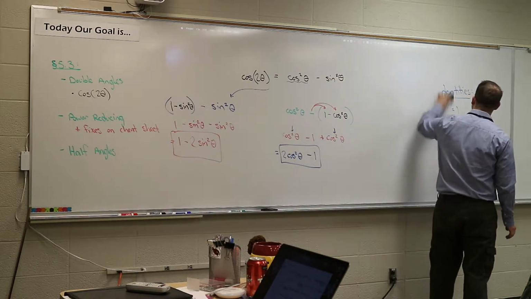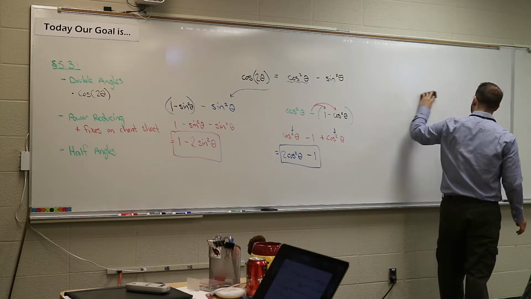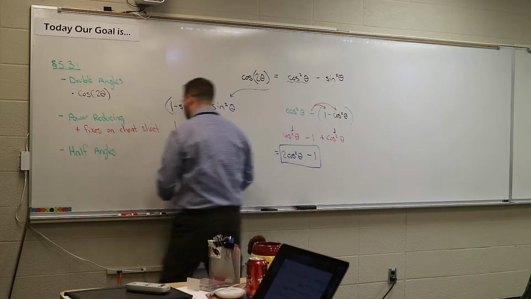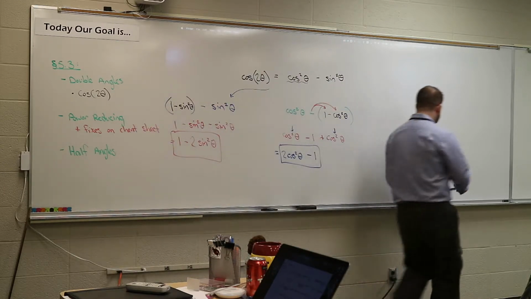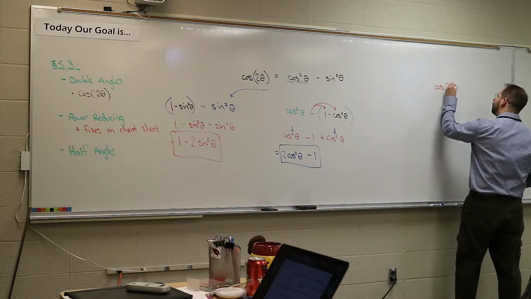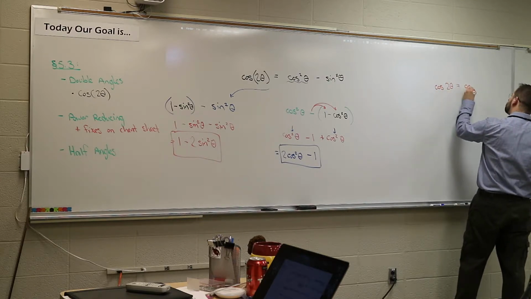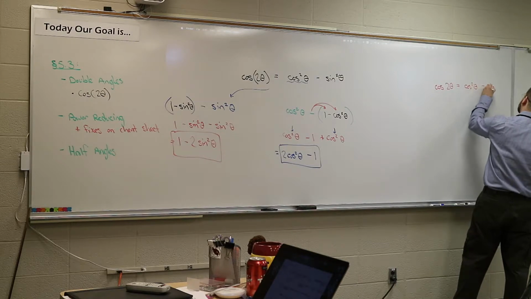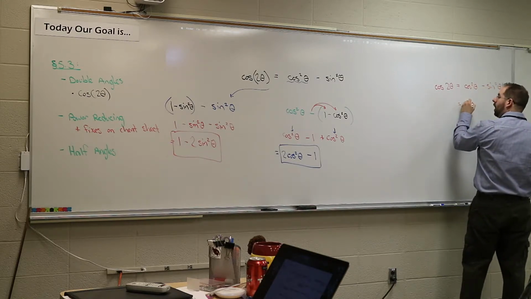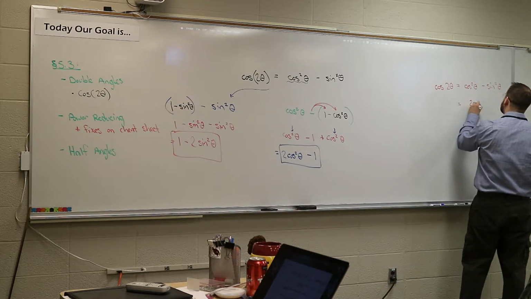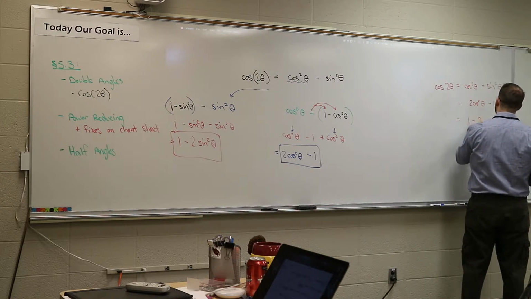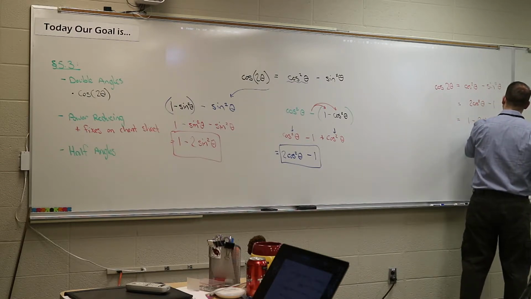So, I'm going to put these off to the side just so you can see this. As you guys are writing that down, because I know some of you are trying to put that in notes somewhere. Okay, here we go. Cosine 2 theta is equal to cosine squared minus sine squared, or 2 cosine squared minus 1, or 1 minus 2 sine squared theta.